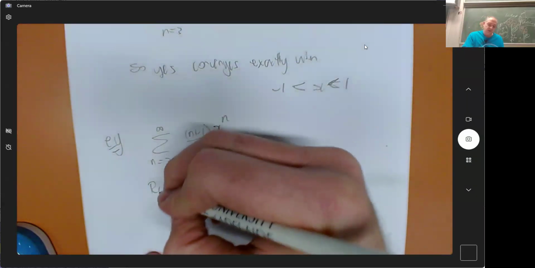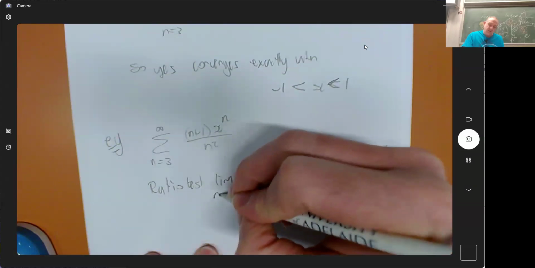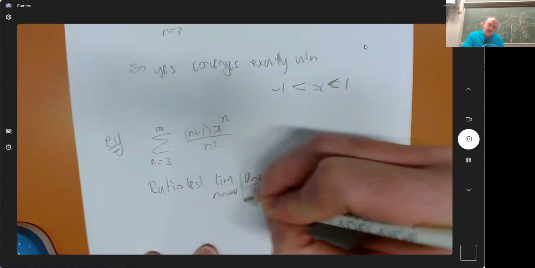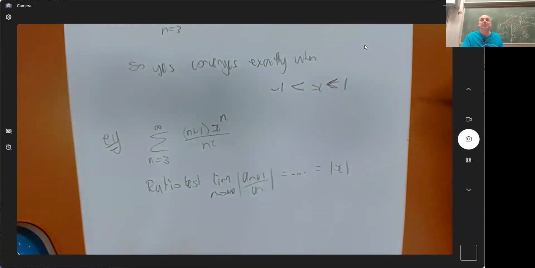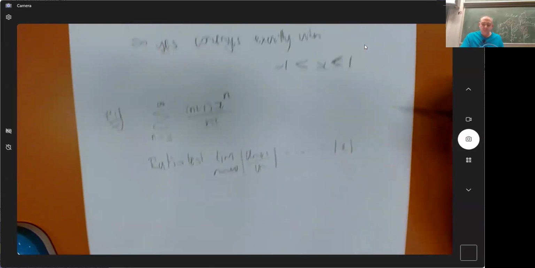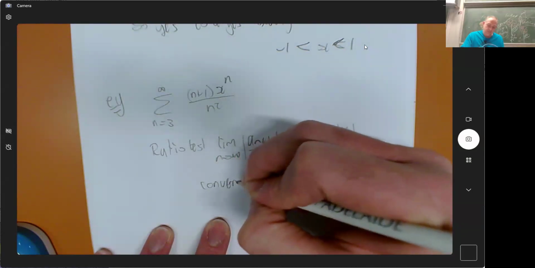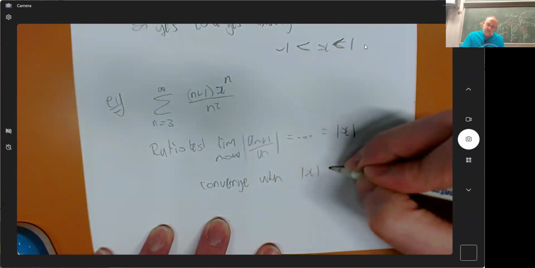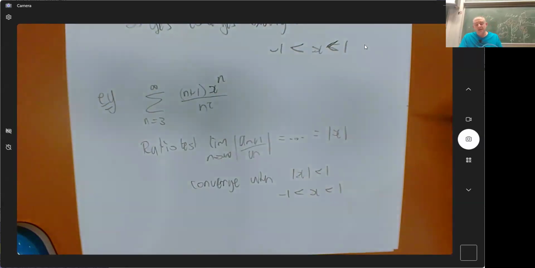So when you do the ratio test, the limit as n goes to infinity of a_{n+1} over a_n, I'm going to skip that working, and it's still going to come out to the same answer. And so you'd still get convergence when that is less than 1, which is between here. You would still get that answer.